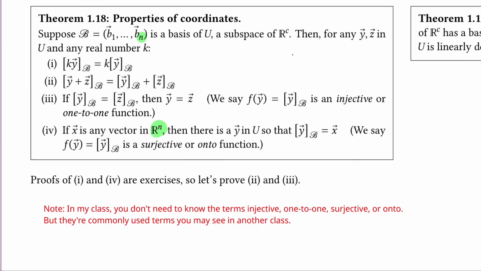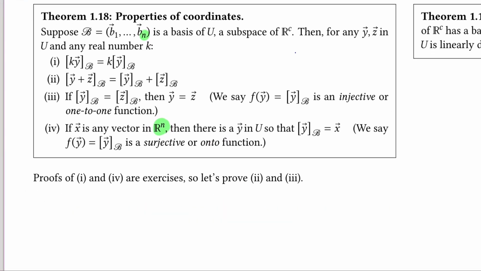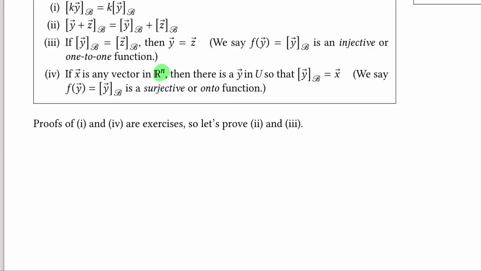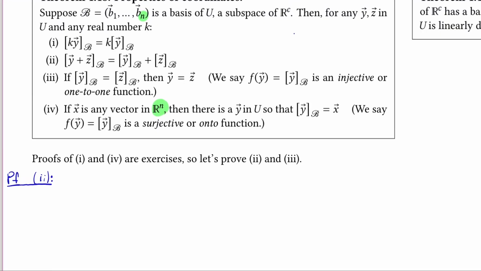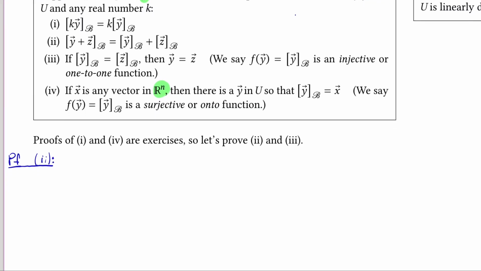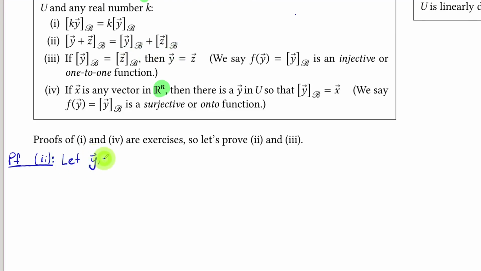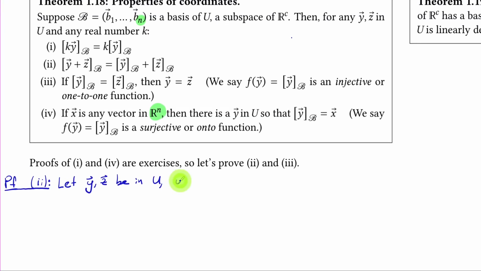So anyways, let's prove 2 and 3 here. Starting with 2, what we're going to do is suppose that y and z are any vectors in the subspace U and think about what their coordinates would be. Because they're in U, we know that they can be written as a linear combination of the basis vectors.